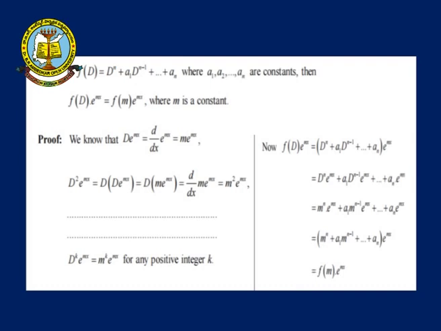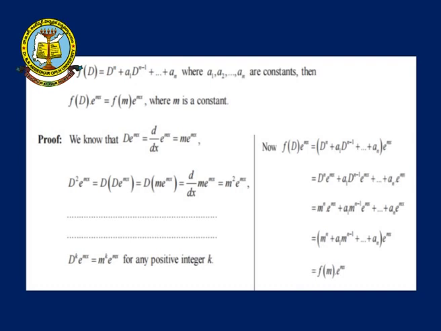For each term, after taking the derivatives, what we get is called the functional value f(m). We will get into the simplification part. That is the most important property: f(D) e^(mx) equals f(m) e^(mx).